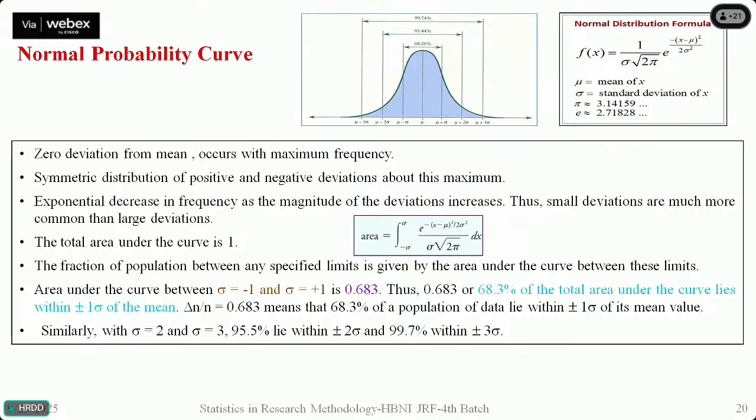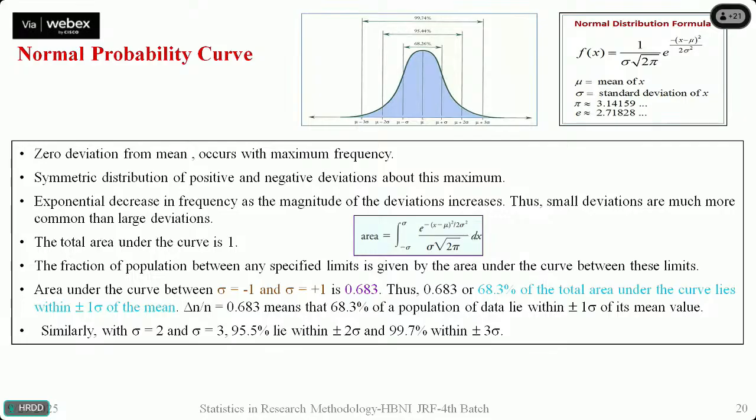And if you restrict the limits of that curve, shaded portion, from mu plus 1 sigma on right side, mu minus sigma on the left side, you will see that from the entire 1 unit area, 68.3% of the total blue shaded area will be covered by this.